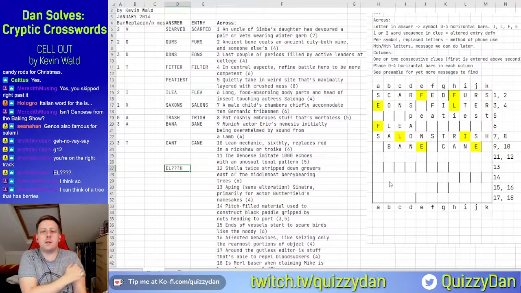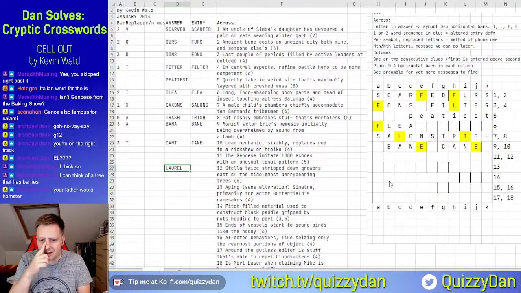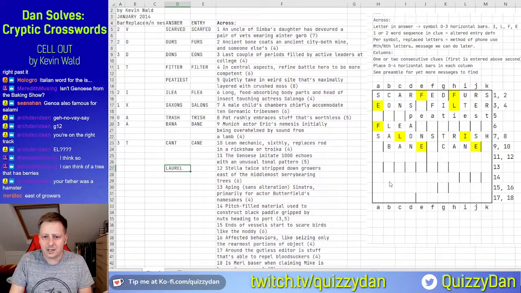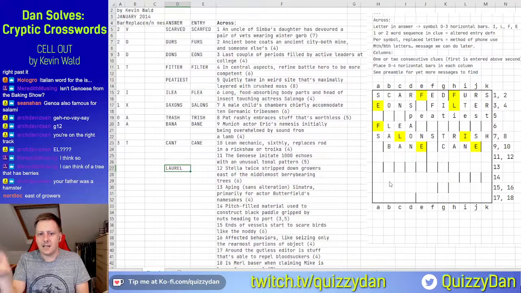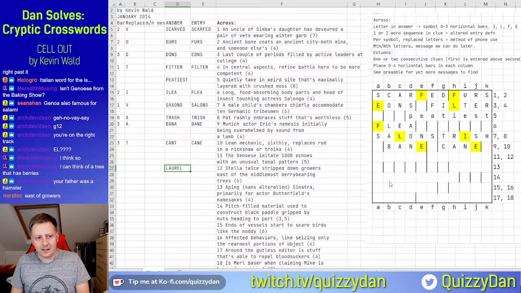What tree has berries that begins EL? Oh, hang on, no, it's east of. Is it laurel then? Is there a laurel tree with berries? Don't like that. Stella twice stripped down growers. East. So we're putting EL at the end. Laurel.